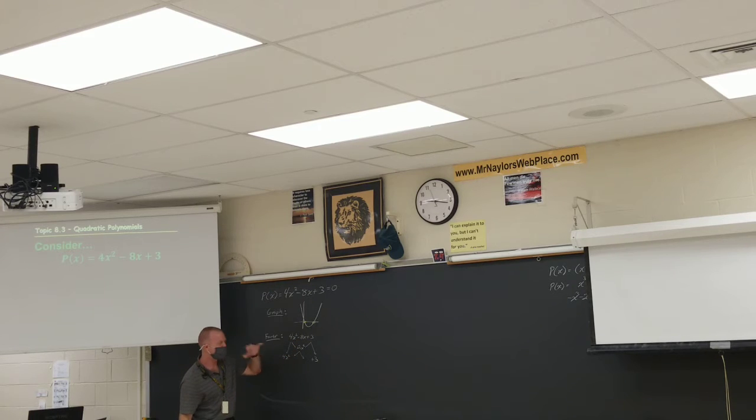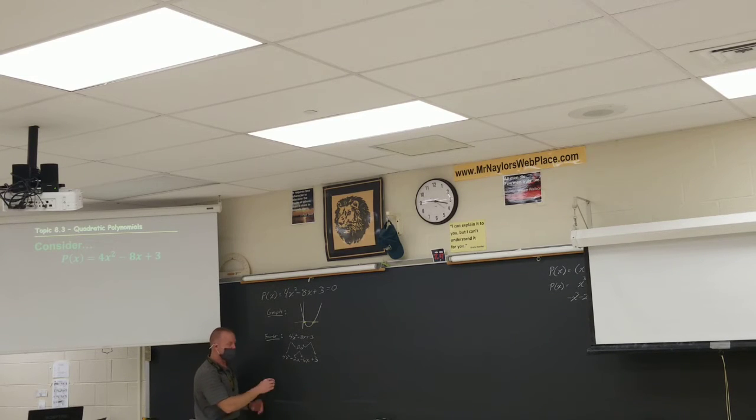Are you actually thinking about numbers that multiply to be 12 but add to be negative 8? We have to think about these numbers, and eventually you come up with negative 2 and negative 6. Yeah, negative 2x and negative 6x. They multiply to be 12. They add to be negative 8.